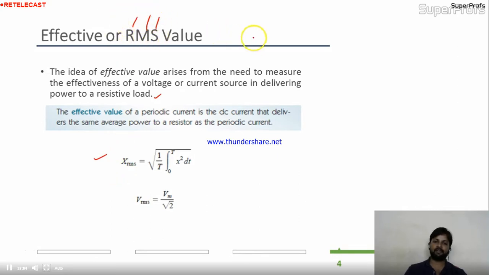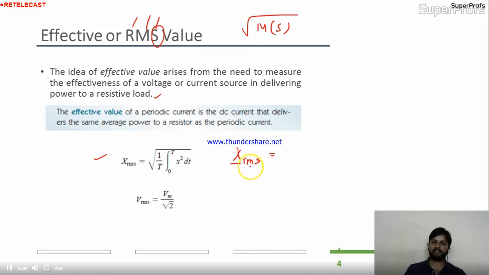Root mean square value. Inside, you will have a square. We will take the mean of that square and then take the root. You start with the square. Suppose you are going to calculate the RMS value of some quantity x.